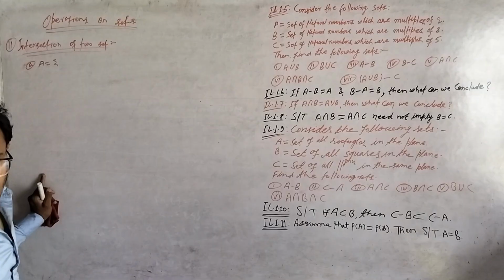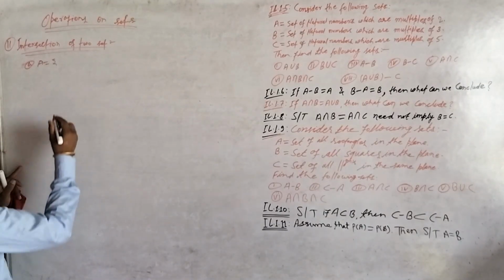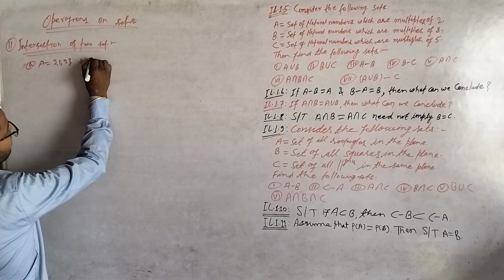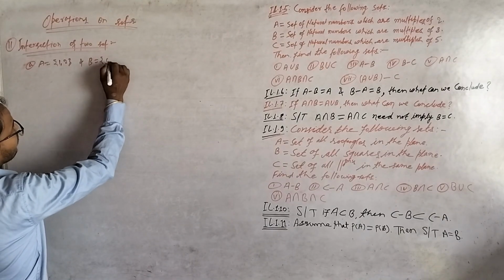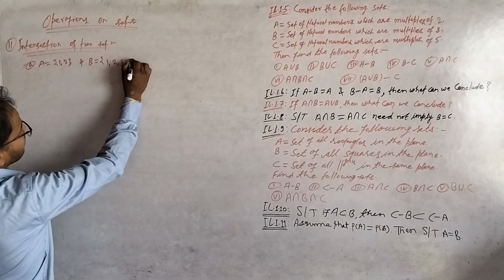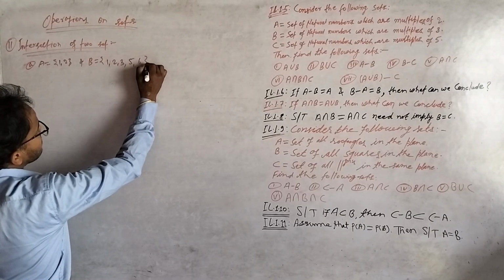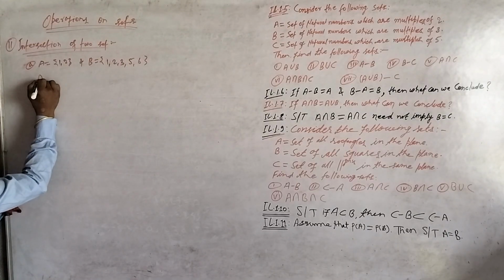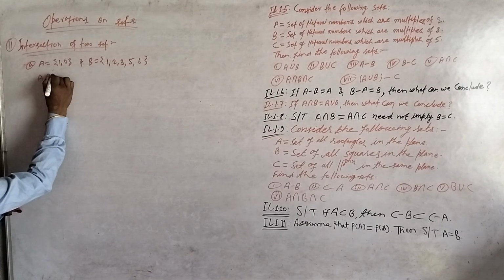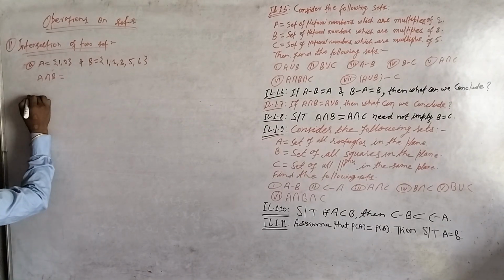A equal to {1, 2} and set B equal to {1, 2, 3, 5, 6}. Then how do we write A intersection B?